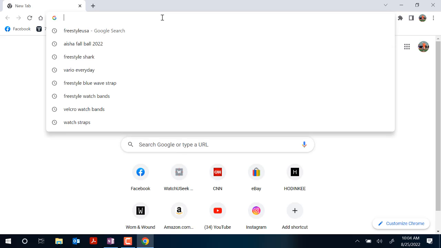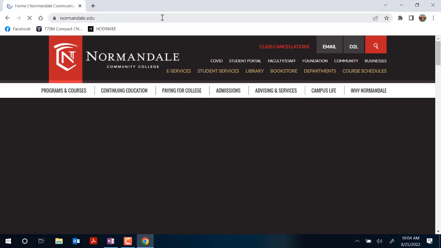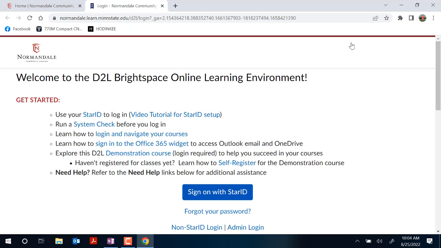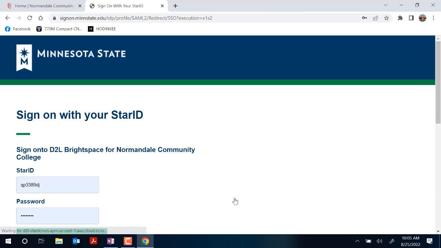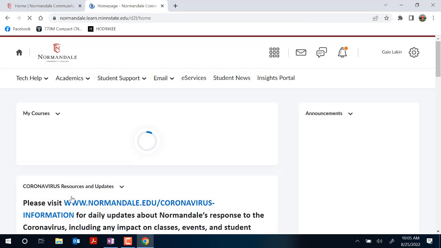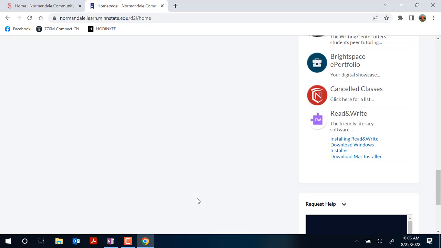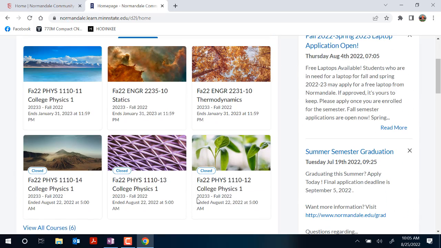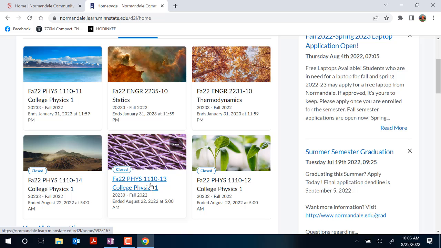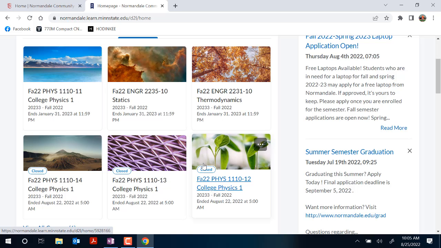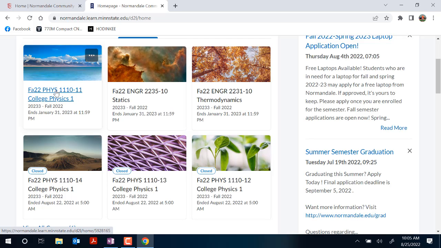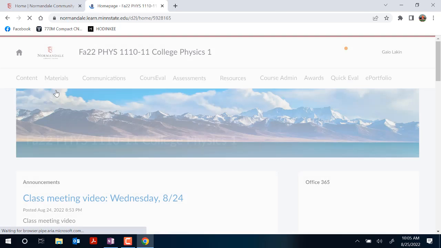All right, so to get to D2L, you've all done this. Go to the main Normandale page and then D2L. And then, like I said, I've closed all the sections of D2L except 11. That doesn't mean that you're not still in section 13 or 14, but on D2L, just go to this one.